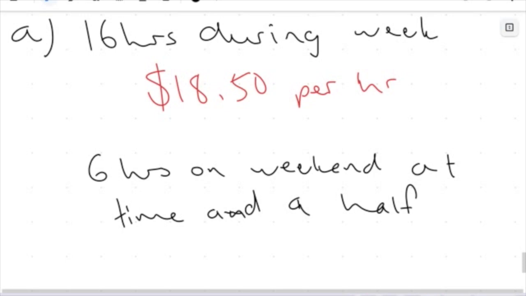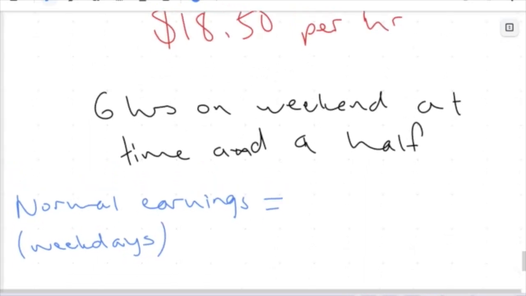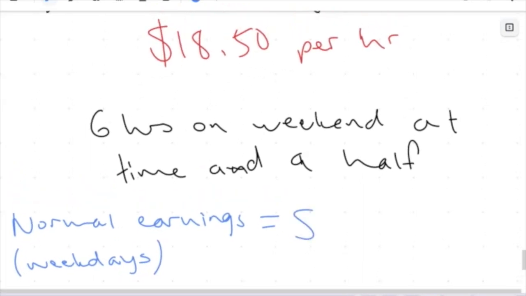So my normal earnings on weekdays: your amount of money per hour, $18.50, for 16 hours.